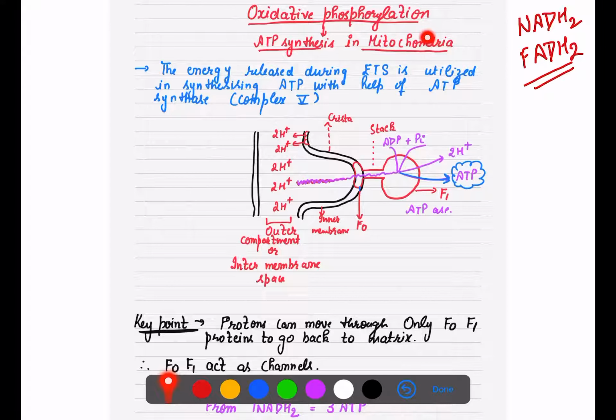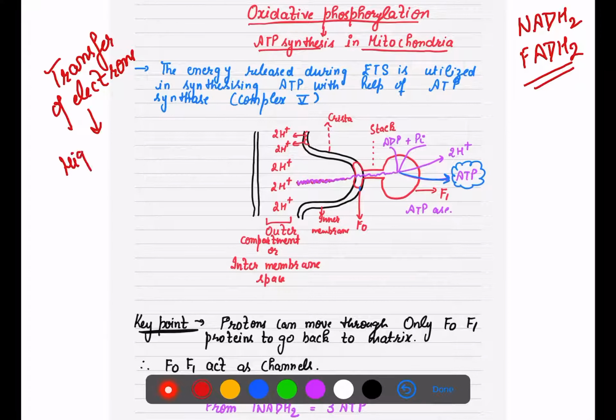So there is some energy released during the ETS, during the transfer of electrons, right? Energy is released during transfer of electrons from higher energy level to lower energy level.